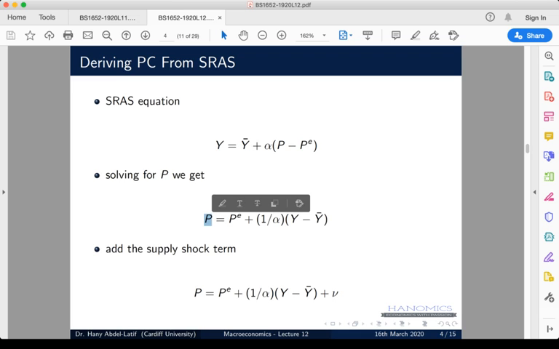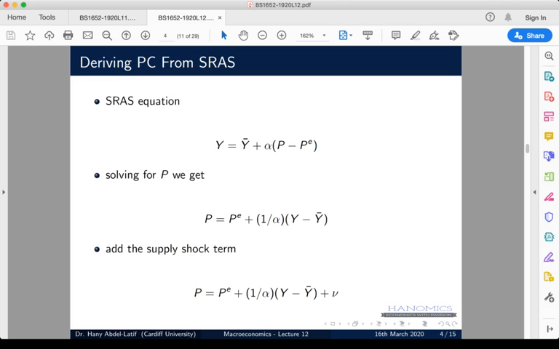It could also be the other way, where we have a negative gap, which means the actual output, Y here, is below the full employment output level, and that would be a recessionary gap.